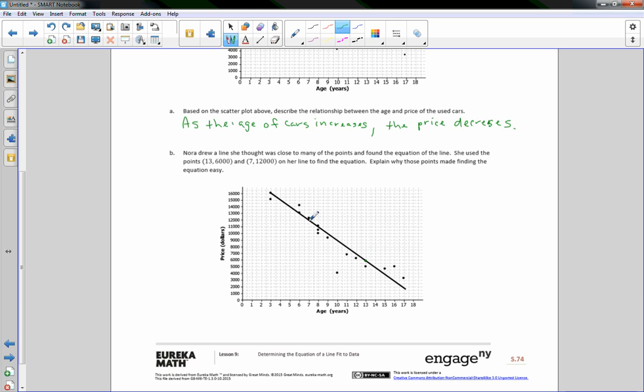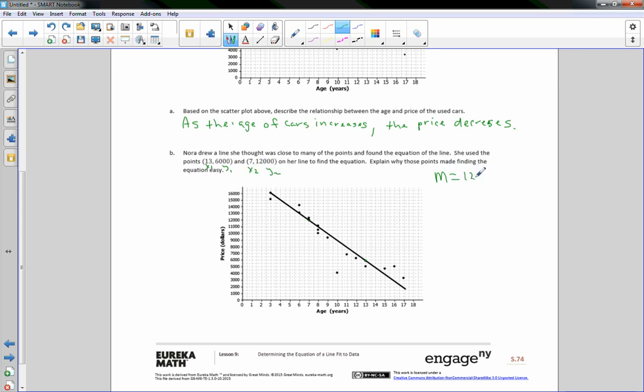And when she went to 7 and went up to 12,000, that's this point right here. Why would those 2 points make finding the equation easy? Well, to find slope, we take the y, so this is x1, y1, and this is x2, y2.